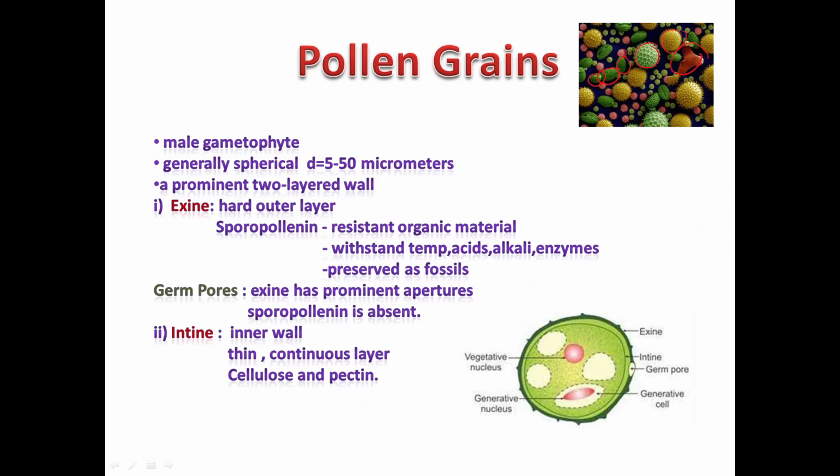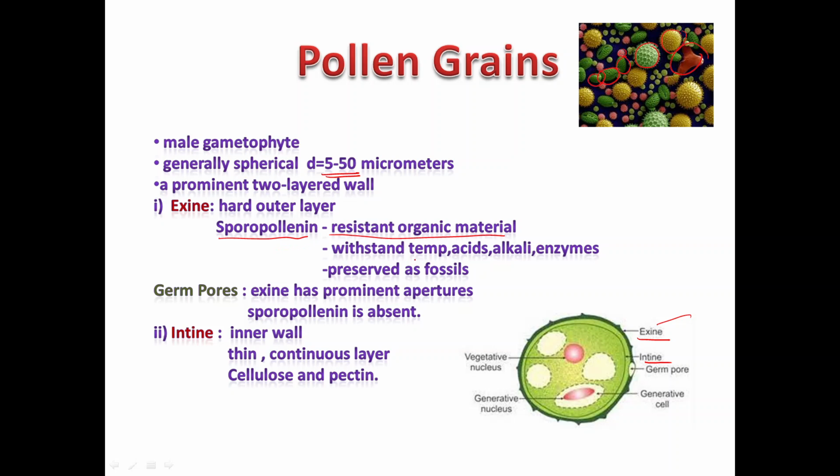When we look at the pollen grains, they may be of different shapes and sizes, but generally they are spherical and the diameter is 5 to 50 micrometers. And it has 2 walls, exine and intine. Exine is the outermost layer. It is made up of one of the most resistant organic materials, called sporopollenin.